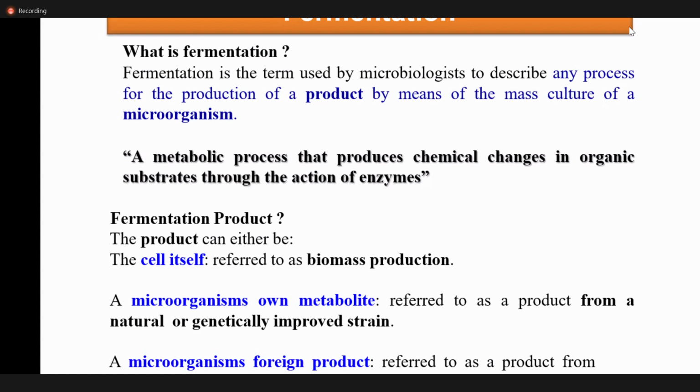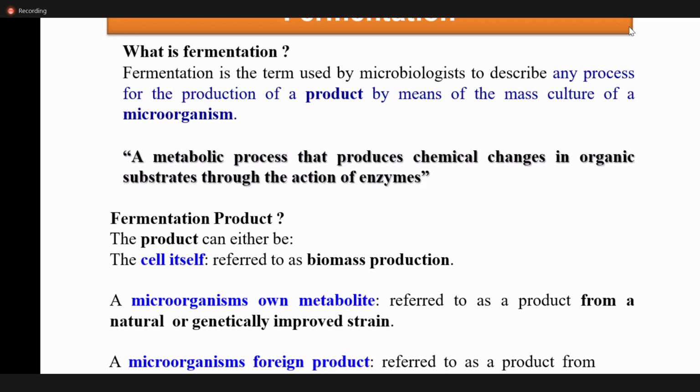Fermentation is a term used by microbiologists to describe the process for the production of a product by means of mass culture of microorganisms. The corresponding enzyme is released, producing the mass product, the mass culture of the corresponding microorganisms.